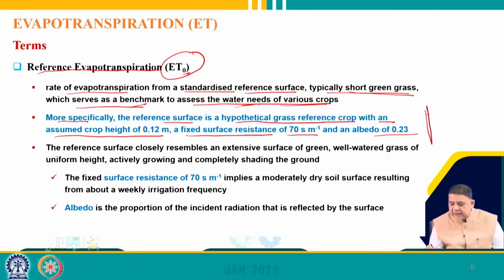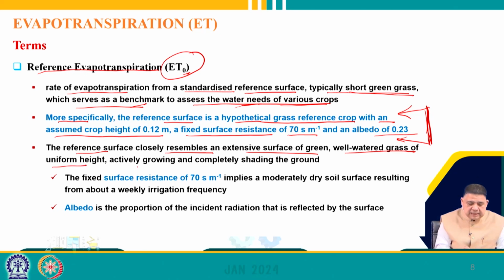These are the specific conditions defined for the short green grass used as a reference crop, and the reference surface closely resembles an extensive surface of green, well watered grass of uniform height, actively growing and completely shading the ground.